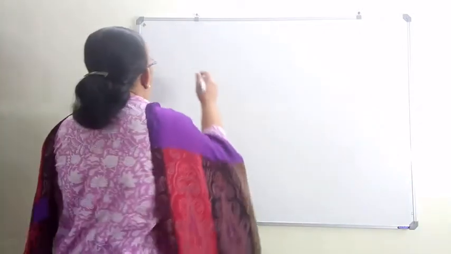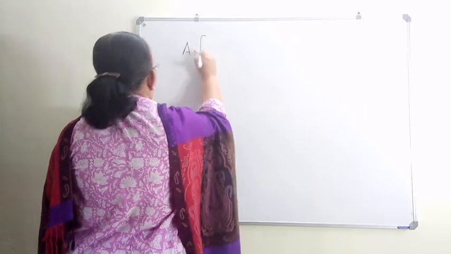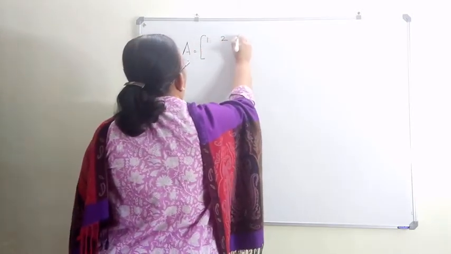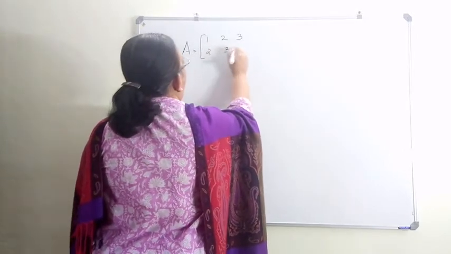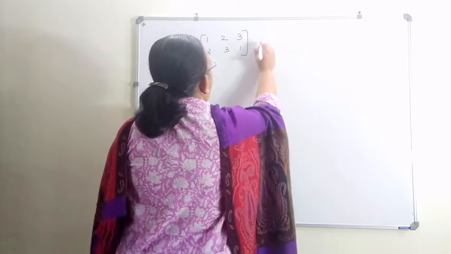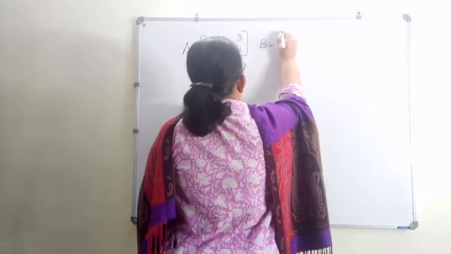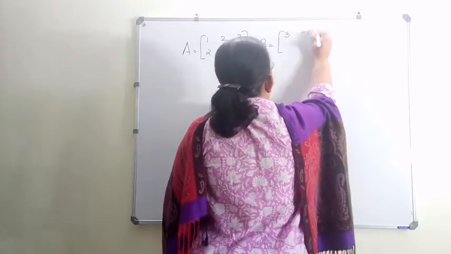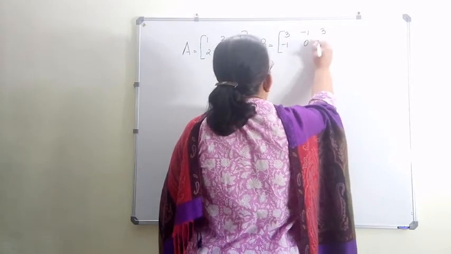Now, let A be a matrix of order 2 by 3. The elements are 1, 2, 3, 2, 3, 1. Matrix B is equal to, copy along with me, 3, minus 1, 3, minus 1, 0, 2.